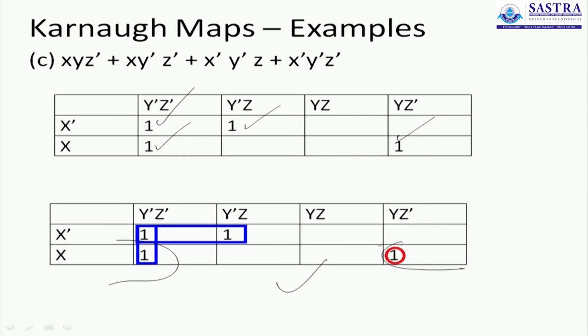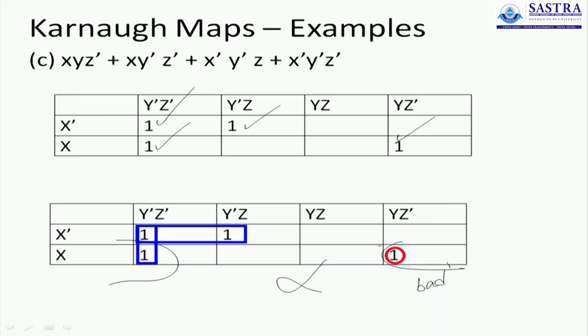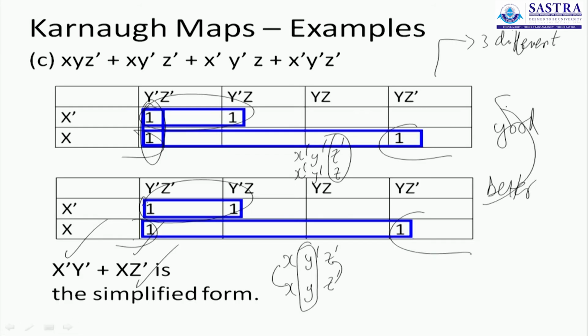So this is wrong and this is preferred over this. This is better. This is good. This is bad. This is good. This is better. That's why we pick this. This is good. I have not left any ones and I've grouped them in powers of 2. But this one is even better because I've reduced the number of loops to 2 from 3.